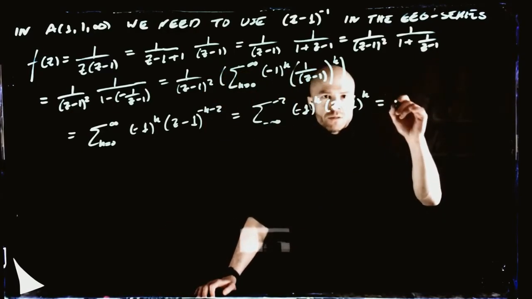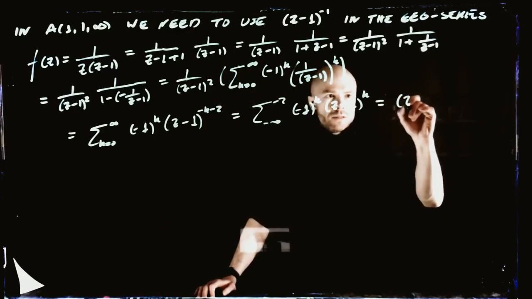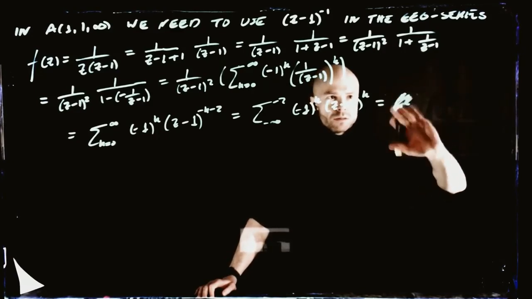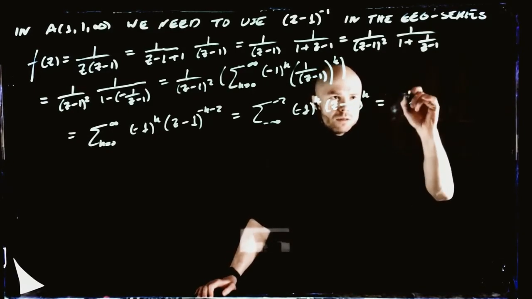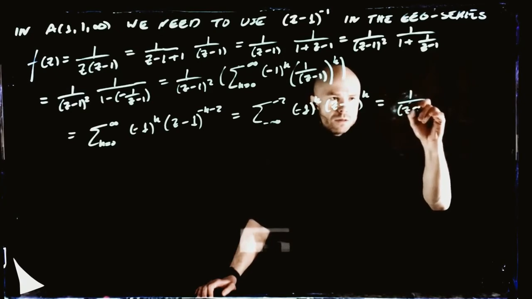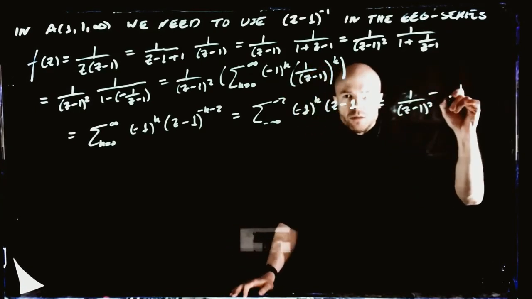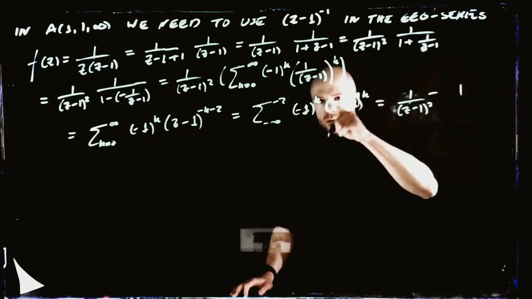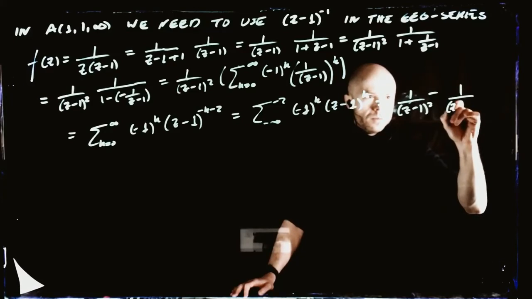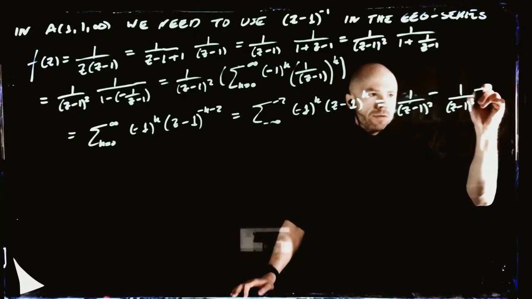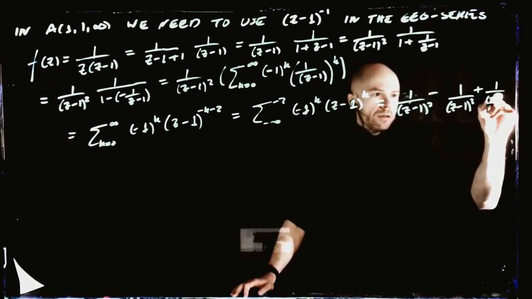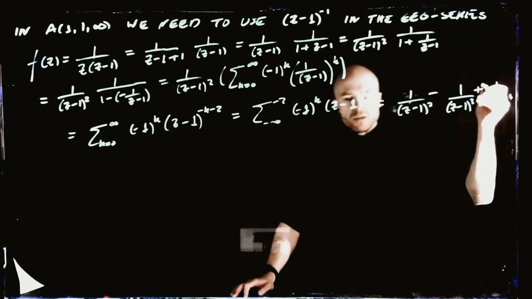So we're going to have z minus 1. So it's minus 2 and then minus 1, z minus 1 to the power 3, and then plus 1 over z minus 1 to the power 4, and so on and so on and so on.